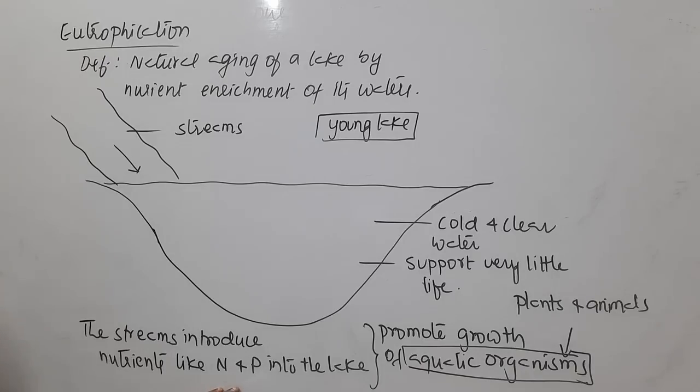Here the point is that when this nitrogen and phosphorus increase in the lake, this results in increasing the lake fertility, right? So due to the increase in lake fertility, it helps the plant and animal growth to take place.